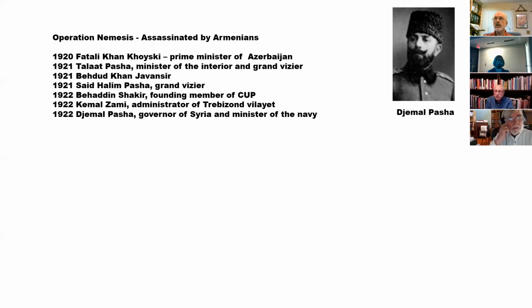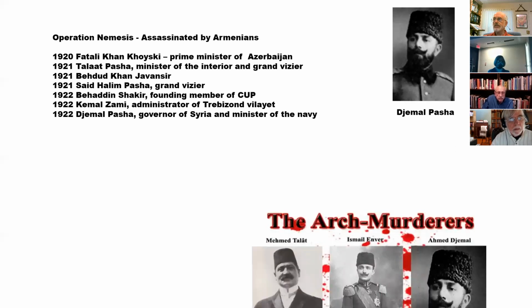Prime Minister of Azerbaijan, Minister of the Interior, I'm not sure who Behdurhan Javansir was, Said Halim Pasha, the Grand Vizier, Behadin Shakir, founding member of the Young Turks, CUP, Kemal Zami, an administrator of a Trebizond vilayet, which is sort of a province, 22, assassination of the governor of Syria.